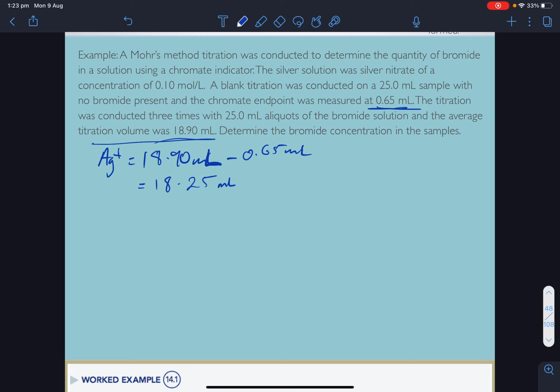So it required that volume, and we've got a concentration of silver plus. It's the same concentration as the silver nitrate. Silver nitrate has that formula, so the concentration of silver ions is the same because it's a 1-to-1 mole per litre.